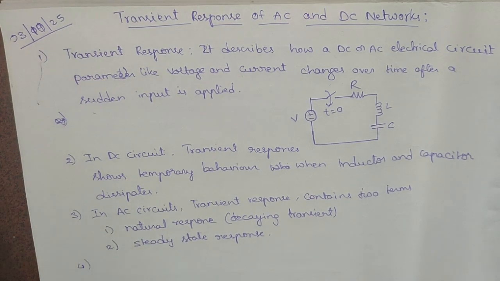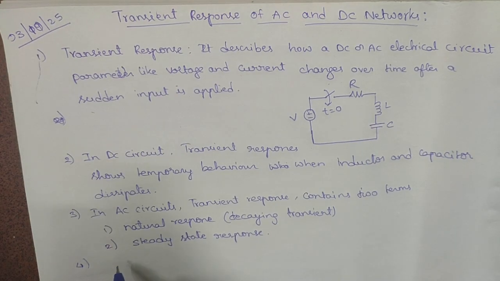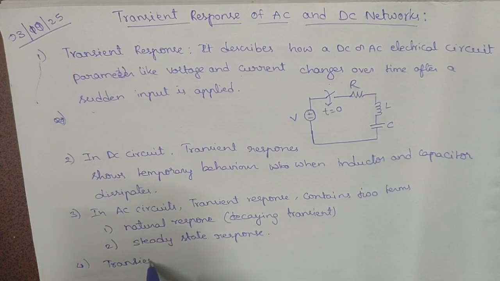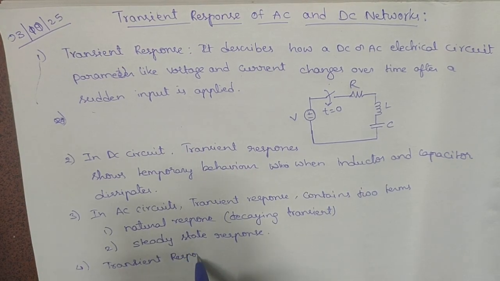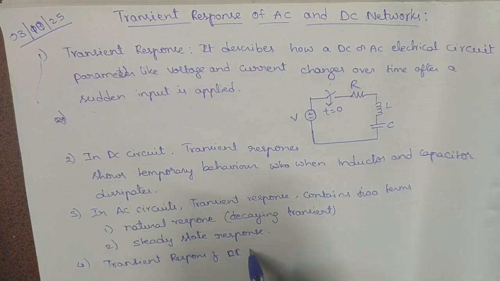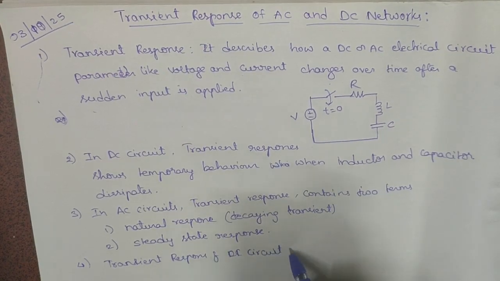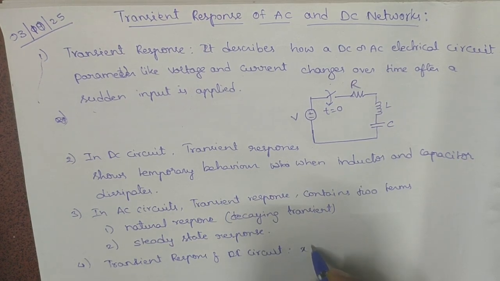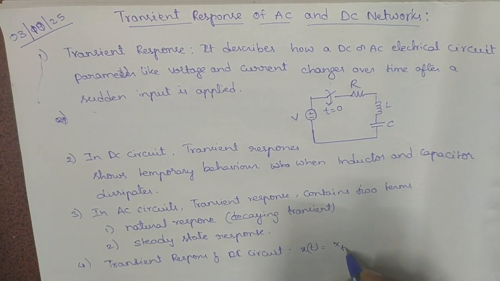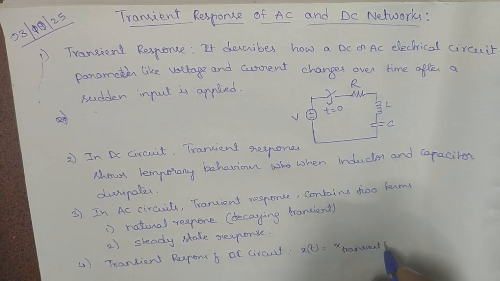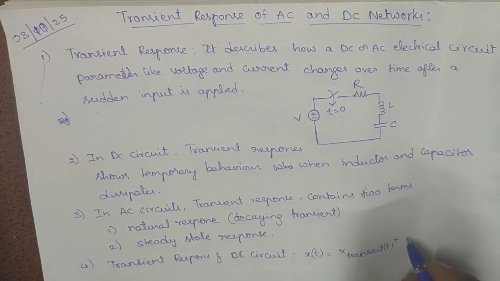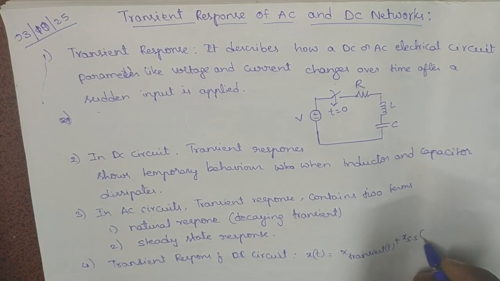You may have a doubt: why does a DC circuit have only one transient response and why do AC circuits have two? Because the response of a DC circuit is x of t, the transient response, plus x of steady state, as it is a constant.